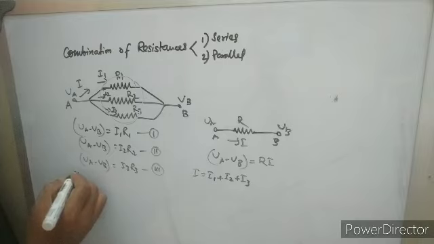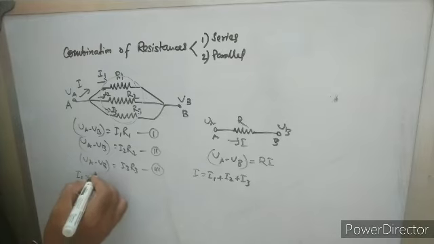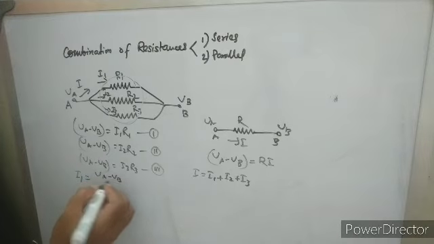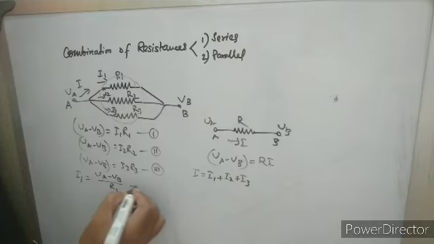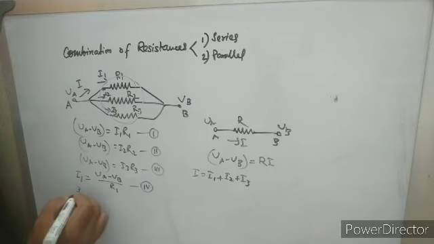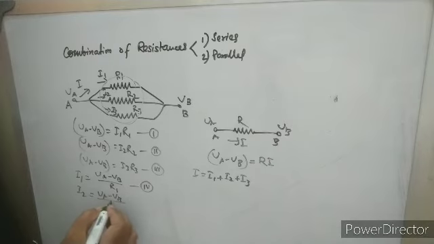So I1 equals VA minus VB by R1, this is the fourth equation. I2 equals VA minus VB by R2, the fifth equation. And I3 equals VA minus VB by R3, the sixth equation.